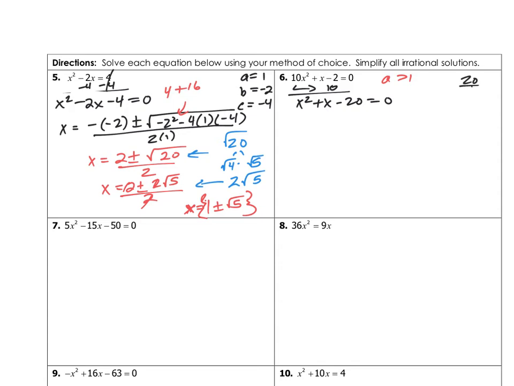So I need factors of 20 that add up to equal 1. 20 and 1, 10 and 2, 5 and 4. So that'll be x plus 5, since b is positive 1, and x minus 4 equals 0. And since I multiplied at the beginning when I slipped, now I need to slide and divide. Got to undo that multiplication.